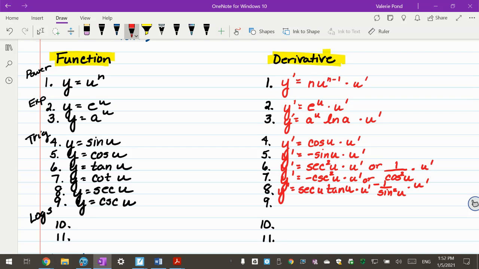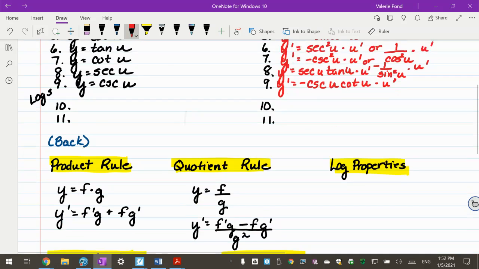And cosecant u is going to be y prime equals negative cosecant u cotan u times u prime. We will be adding logs later on, but not in this video. Basically, all of these are the same derivatives we've learned, but you'll notice that I'm multiplying everything by u prime, and I changed x's to u for the chain rule.